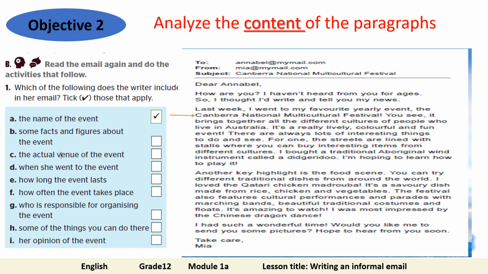Let's proceed to C. The actual venue of the event, the actual place of the event. And mind you, we're talking about the place, not the event here. Can you happen to see any mention of the place where the event took place?